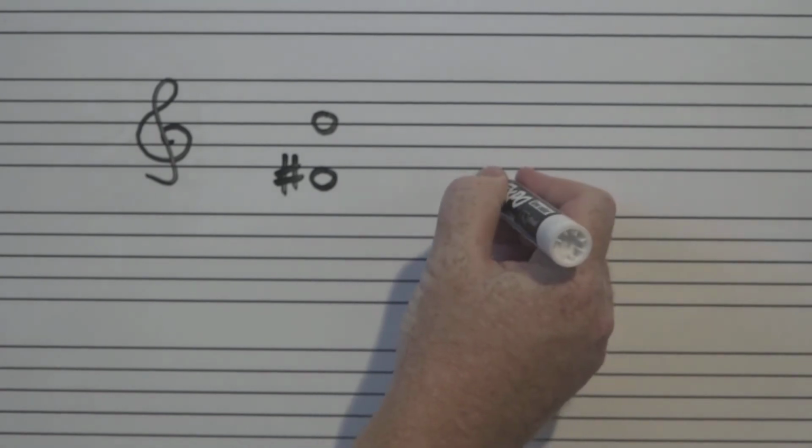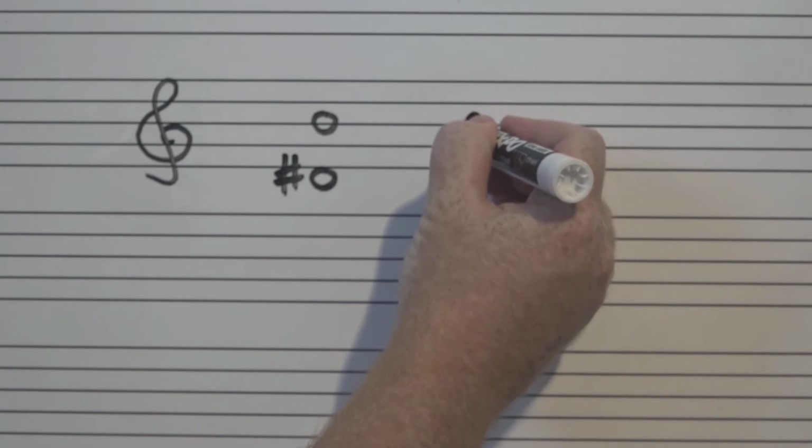But D sharp major is a hypothetical scale that would have more than 7 sharps. So we really can't think of our D sharp major scale right now. We can, however, think of our D major scale.